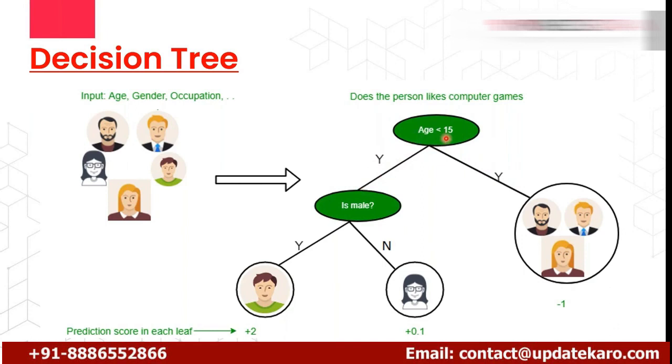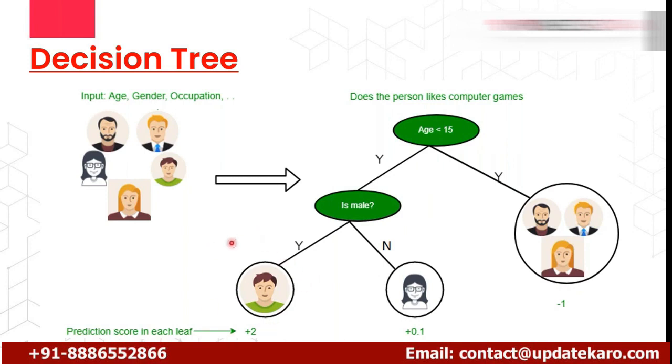So here if age is less than 15, the term is -1. This is going to be the prediction score for each leaf. A leaf is nothing but your outcome.